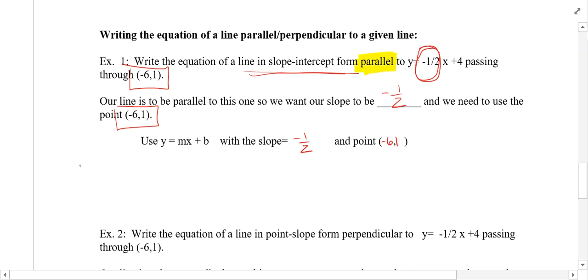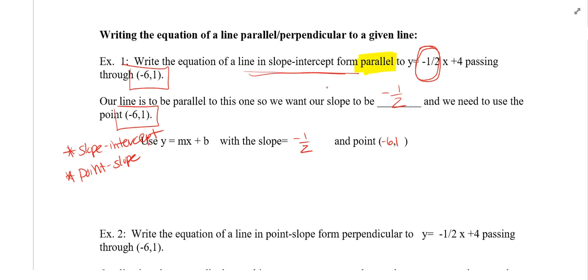So it's your choice of whether you want to do slope-intercept form, y equals mx plus b, or point slope. Our final answer, we want to be in slope-intercept form, but you can use either strategy to get there. So I'm actually going to show you both on this one, just so that you can see them.